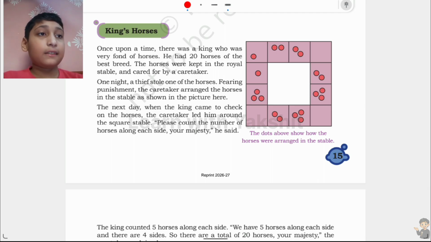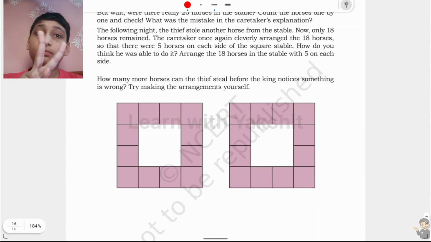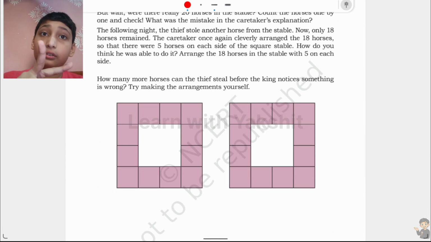See, here's 5, and then here's a 5. This particular horse sits in these 2 rows, meaning it just doubles it automatically. Now, to do that, we have to place 2 horses on 2 corners or 1.